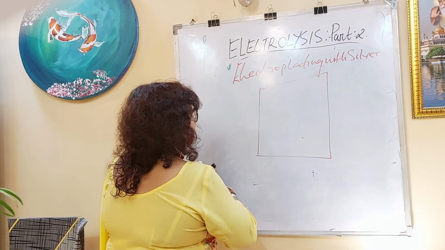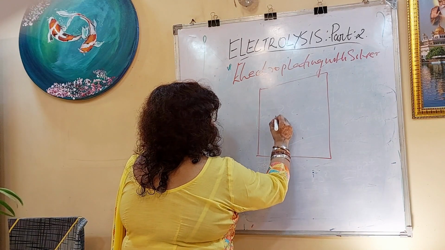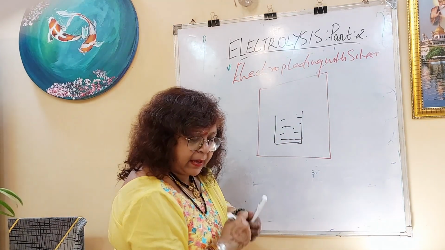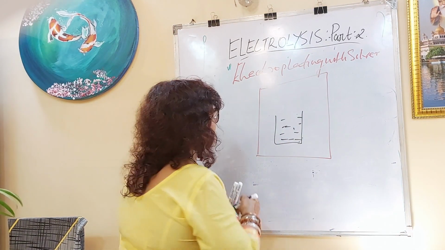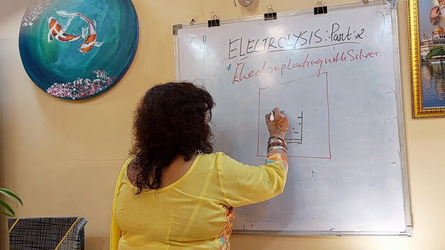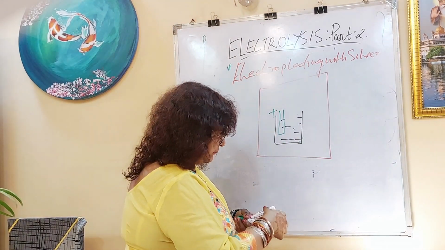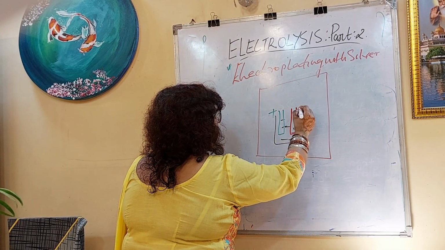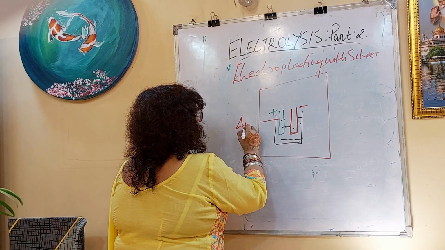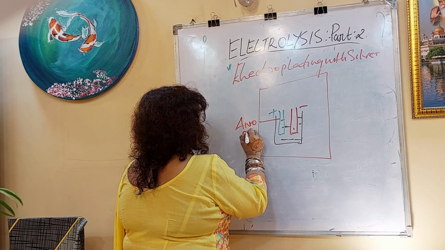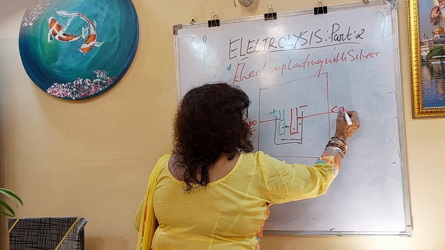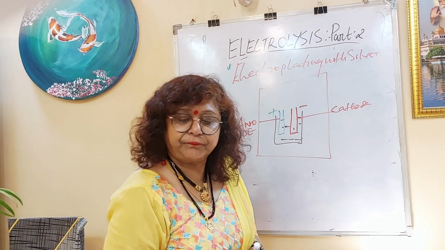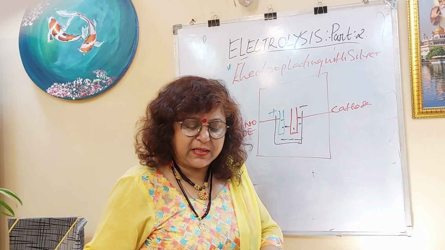Take a beaker. Again two electrodes, anode and cathode. Now here electroplating with silver we are doing, right?